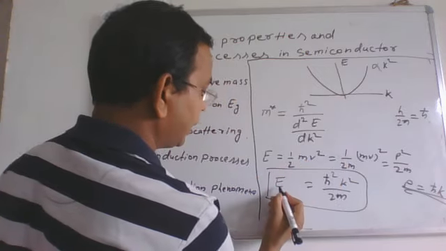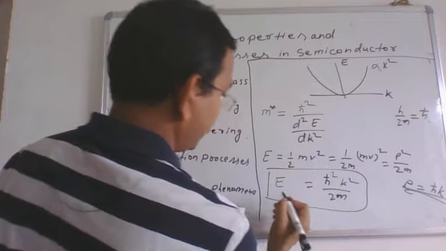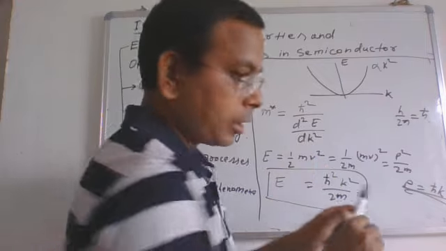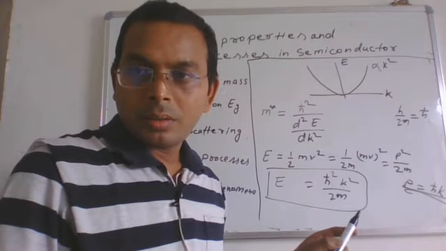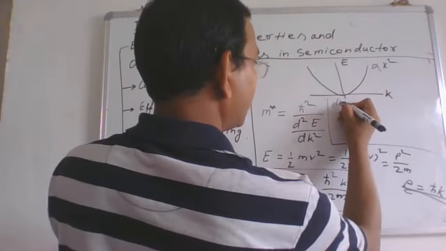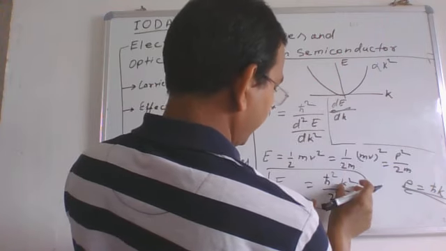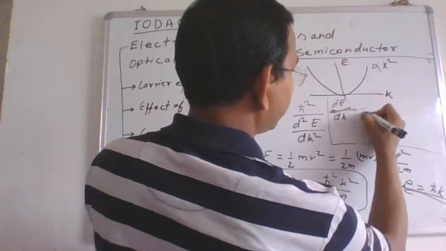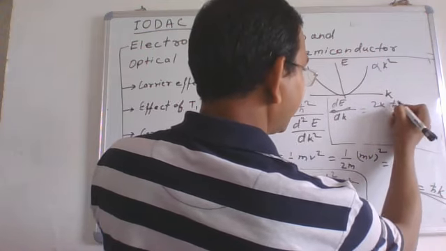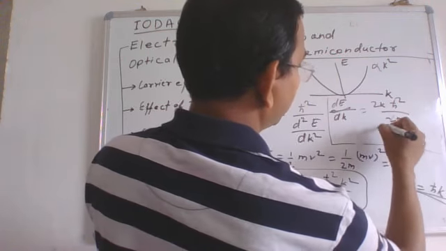Now if we take the derivative of E with respect to k, we'll find dE by dk will be equal to 2k times h cut square by 2m, and 2 cancels.